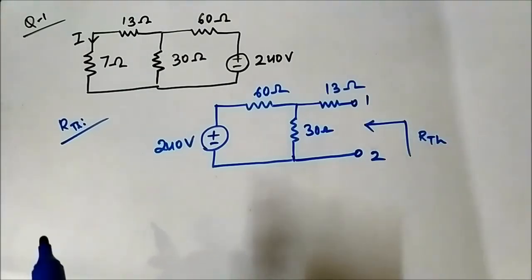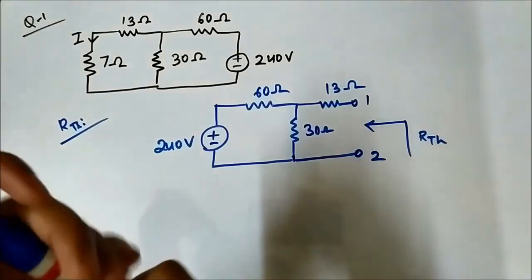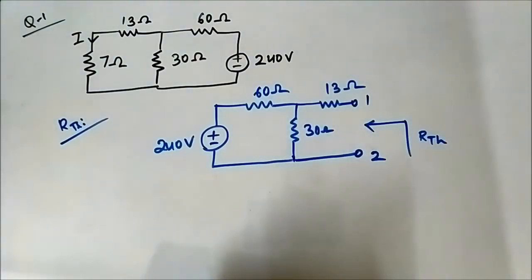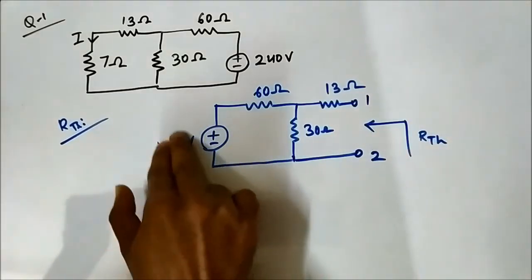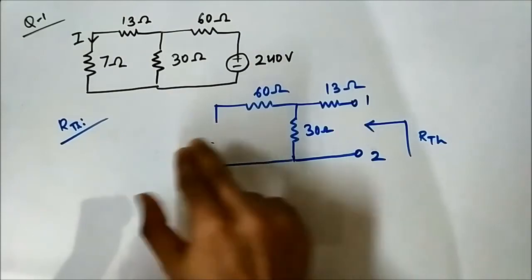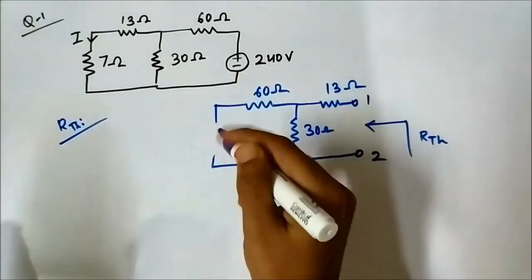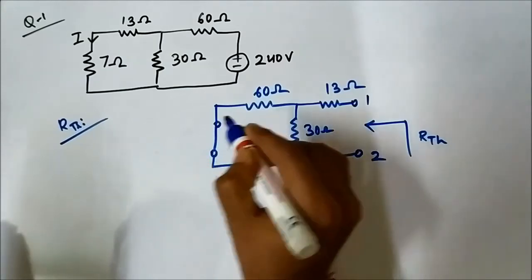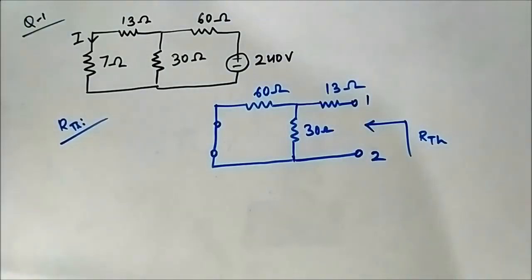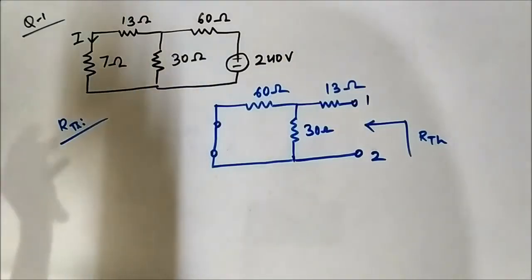And there is one extra step here. You have to deactivate the voltage sources and current sources. Voltage sources have to be replaced by short circuit. Current sources have to be replaced by open circuit. Same as we did in superposition theorem, considering one source at a time, we deactivated the other sources.